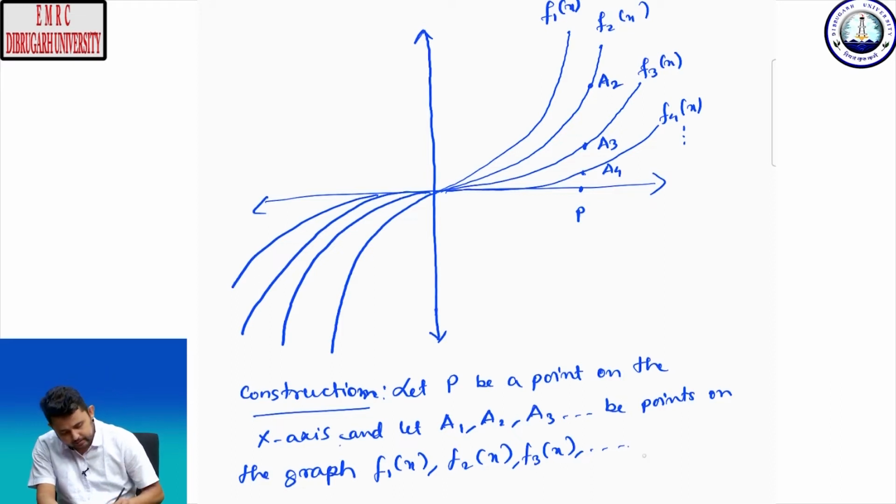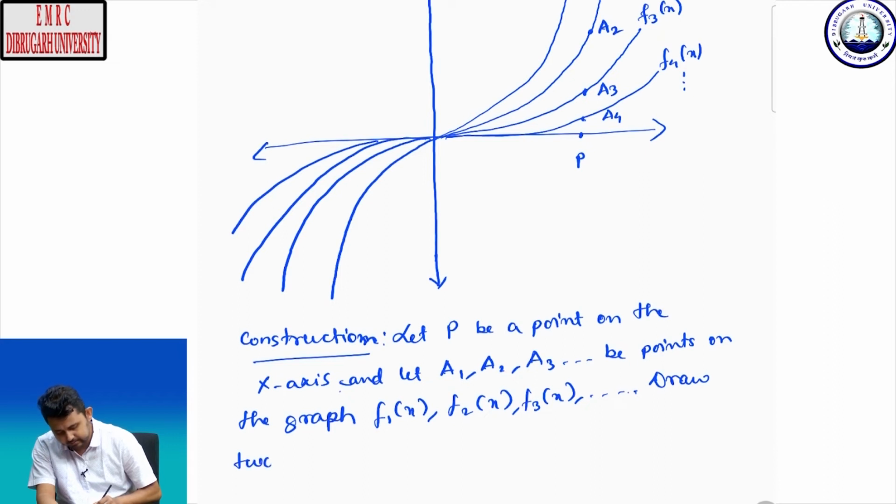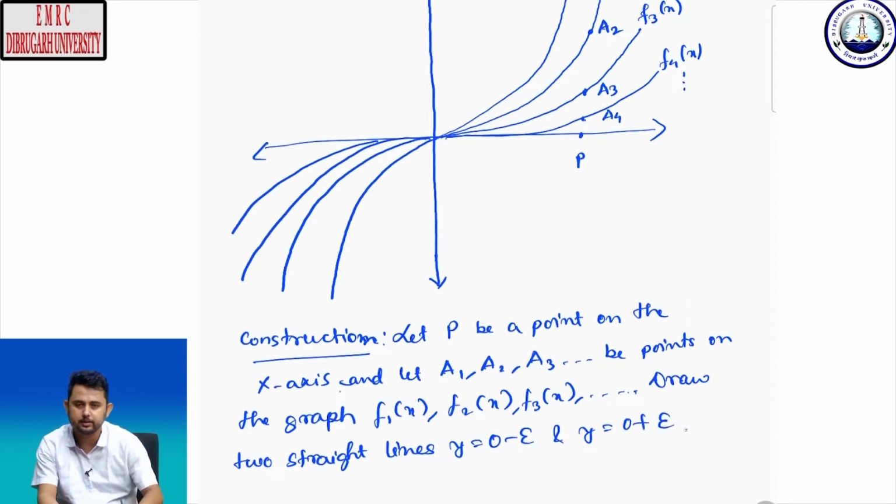Now, again draw two straight lines, y equal to 0 minus epsilon and y equal to 0 plus epsilon.